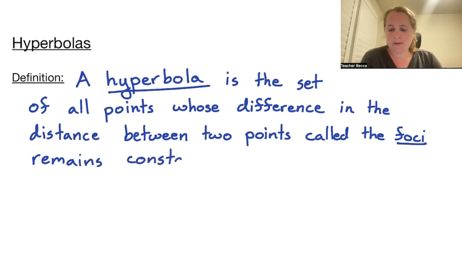For an ellipse, it was the sum of those distances that remained constant. Here it is the difference, and it's technically the absolute value.